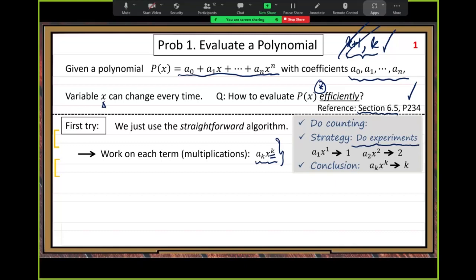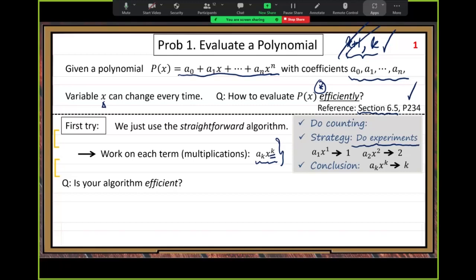Next, is your algorithm efficient? Or is this the best answer you can get? Can we do better than this one? Because our goal is to find the best way to find a solution. For this class, we always want to find the best solution.